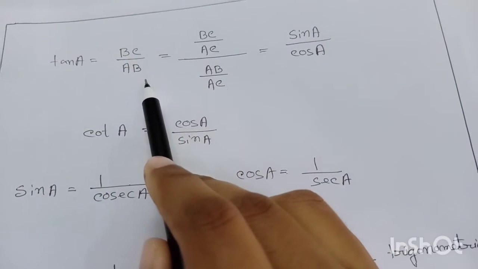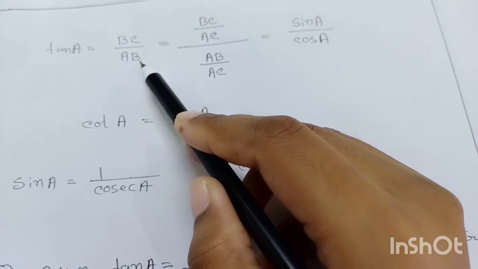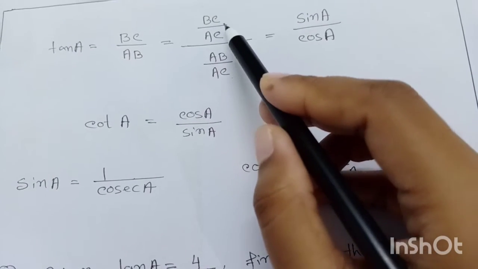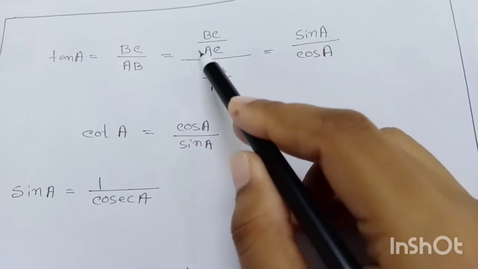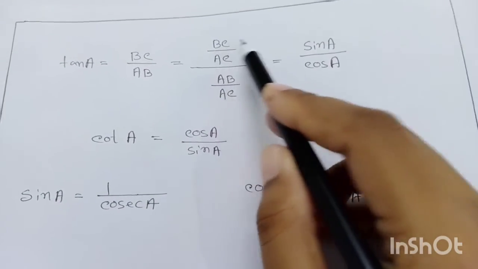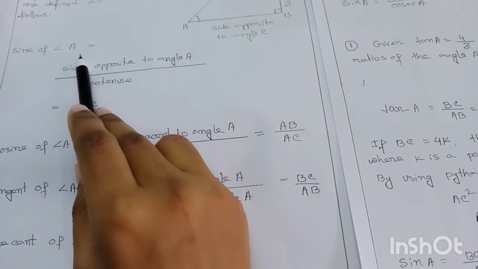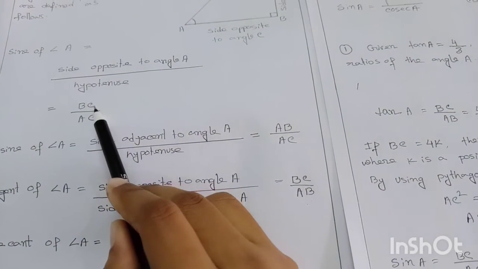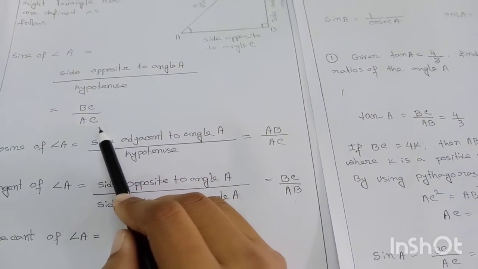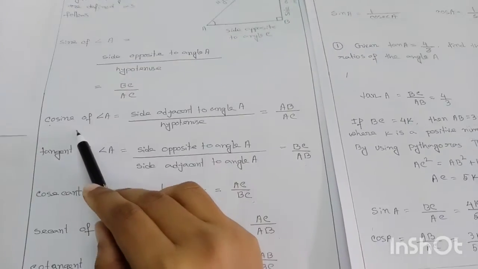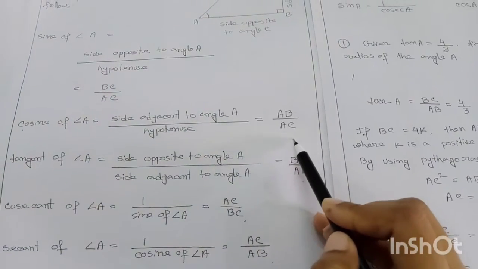BC by AB. Now both the numerator and denominator are divided by AC. So BC by AC and AB by AC. BC by AC means sine A, which we have already seen, that sine of angle A equals BC by AC, and cosine of angle A means cos A equals AB by AC.